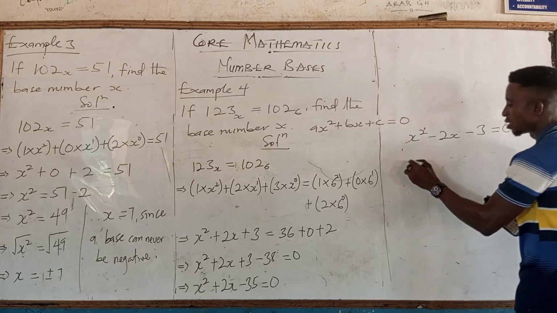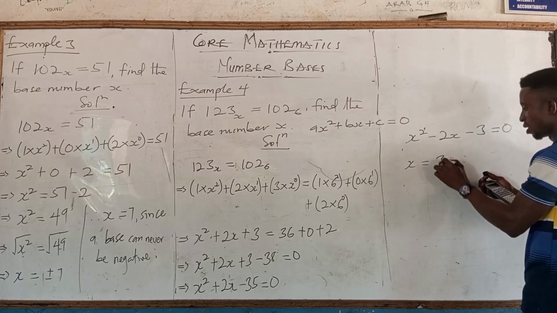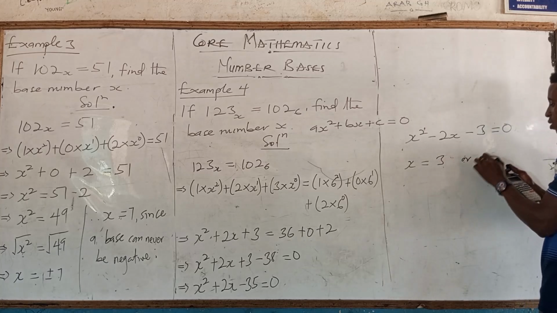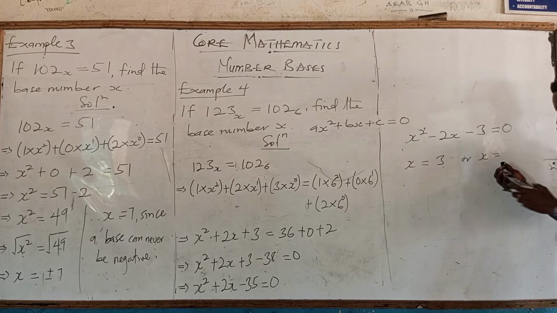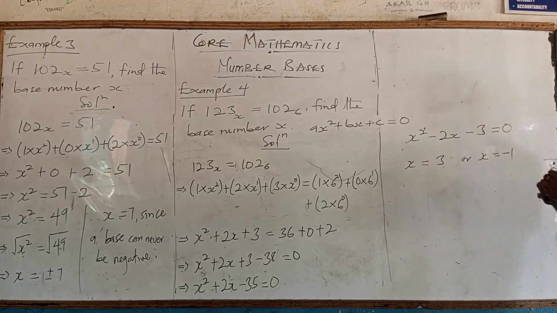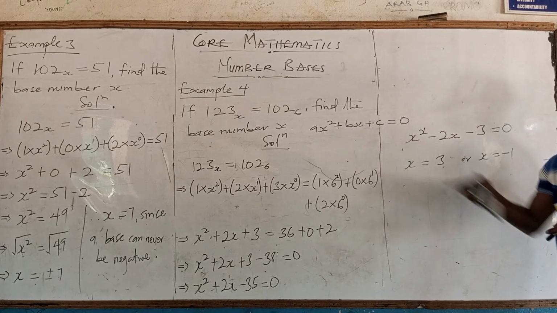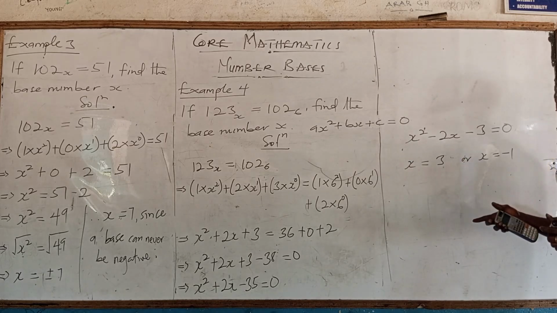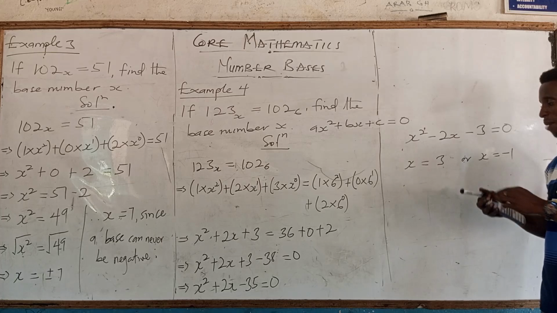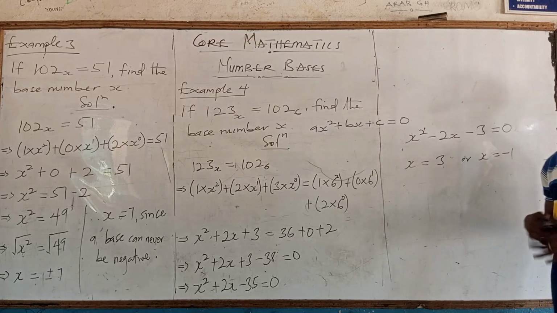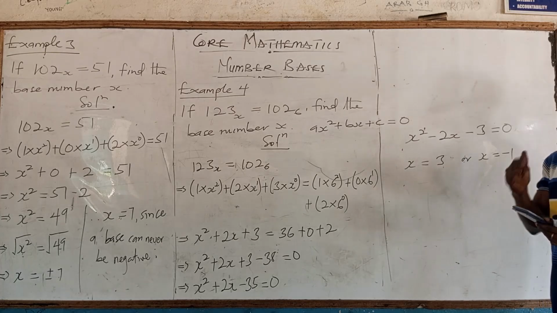You are having x equal to 3, or x equal to -1. You see, the denominator is 1, which is the same as the coefficient. Somebody will say, I'm having x1, x2. I said that one is to tell you we are having two values for x.